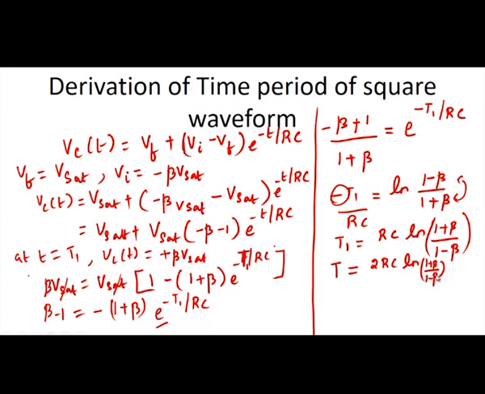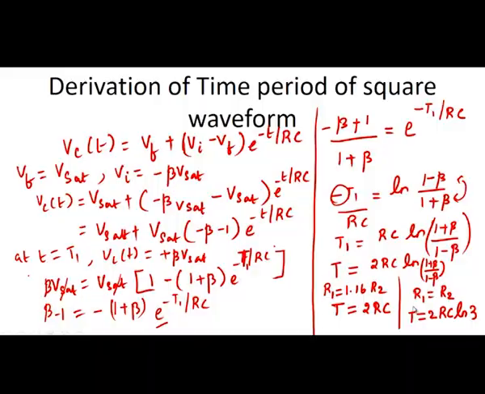For designing the square wave astable multivibrator, you have to consider the values of R1 and R2 as R1 equal to 1.16 R2. In that case, T is equal to 2 RC. If R1 is equal to R2, then T is equal to 2 RC natural logarithm of 3.